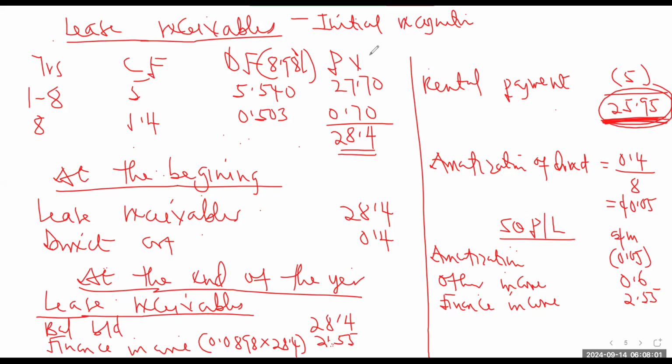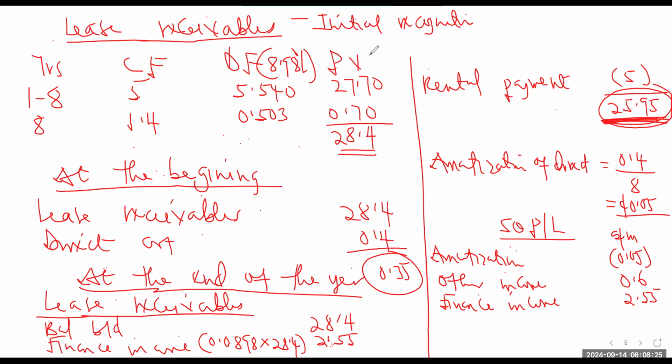What goes into the statement of financial position are those finance cost portions that are yet to be consumed. I say finance cost is a direct cost. The direct cost we have consumed is 0.05, so the remaining one will be 0.35, which is yet to be consumed. That will be treated as a deferred direct cost.